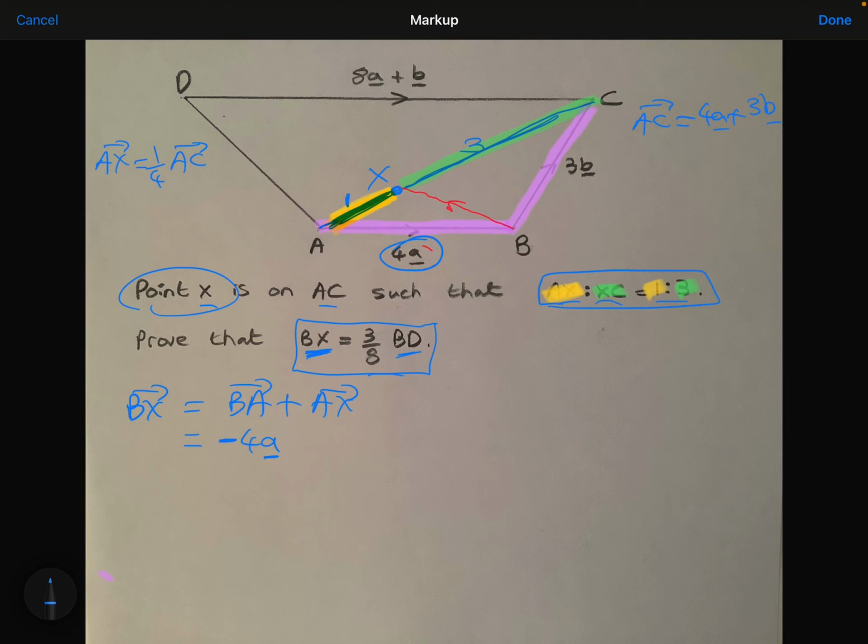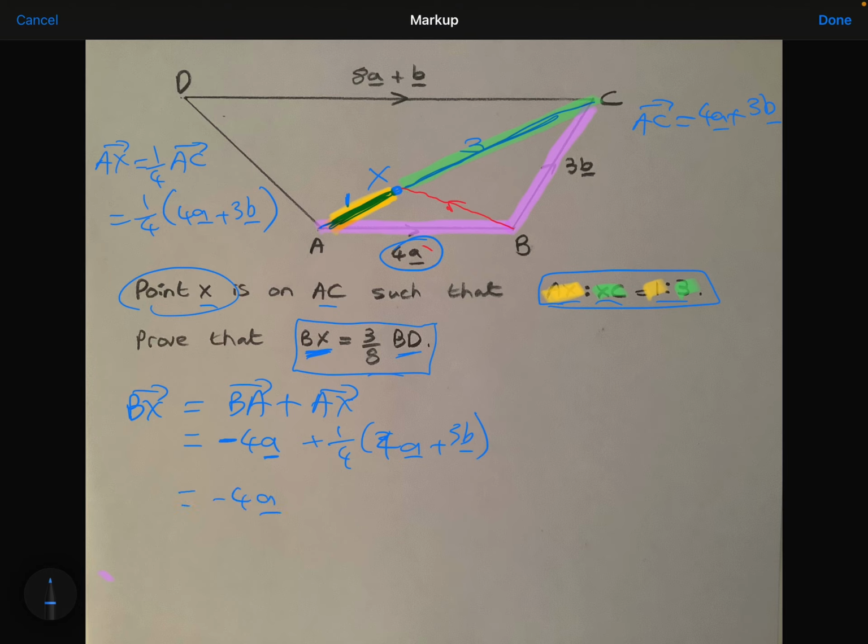And AX is 1/4 of that. So I can write that down here, is my AX. And I can simplify this a little bit.